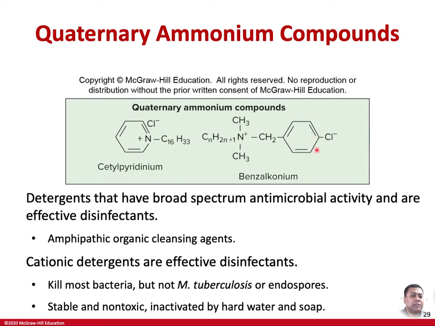And here, this benzene ring with the chloride is also hydrophobic, as well as right here, CnH2n, which could be many different numbers. They kill most of the bacteria, but they are not effective against Mycobacterium tuberculosis or endospores. They are stable and non-toxic, although they are inactivated by hard water and soap.